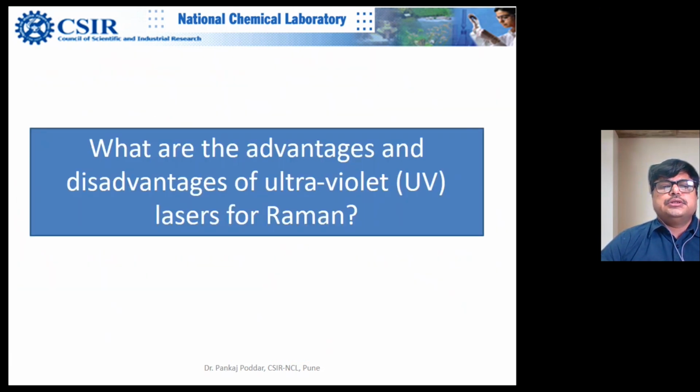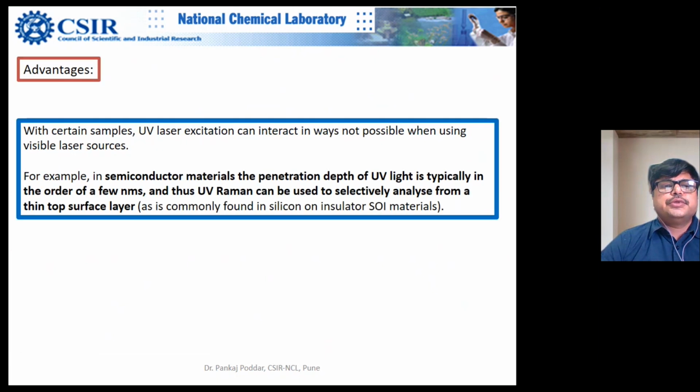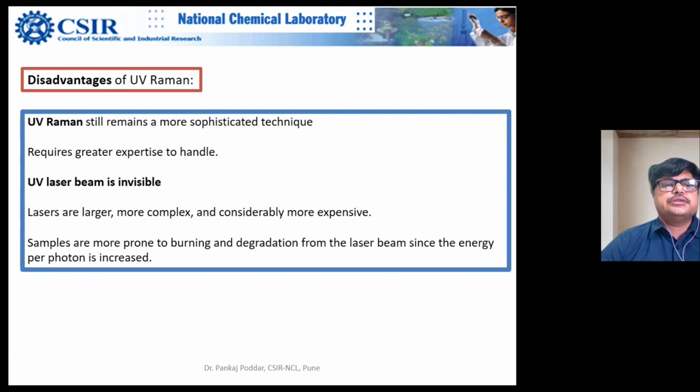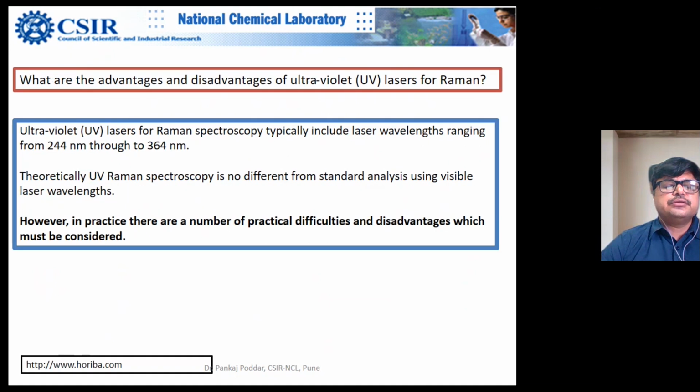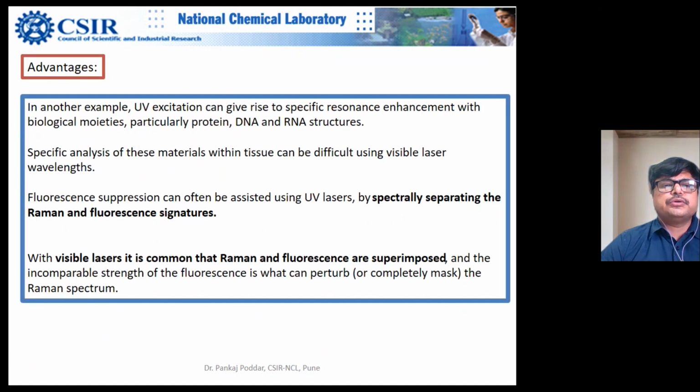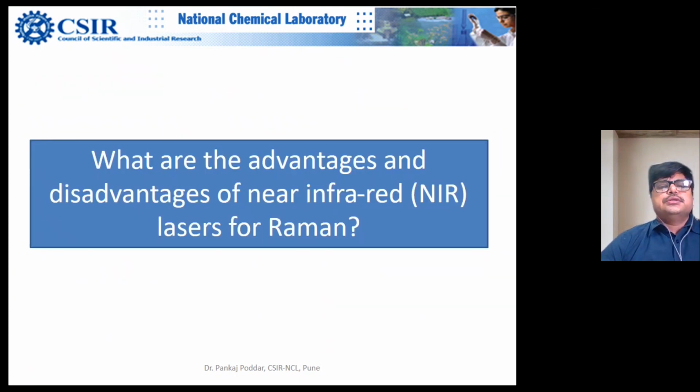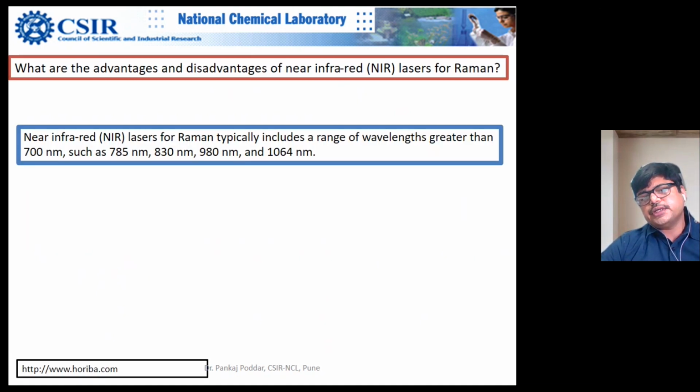So this is fine. Now, you will get these slides, you can read them. There is not much for me to explain. Here we talk about advantages and disadvantages of various sources, for example NIR lasers. NIR has a lot of advantages in life sciences, where you are looking at tissues and cellular systems.